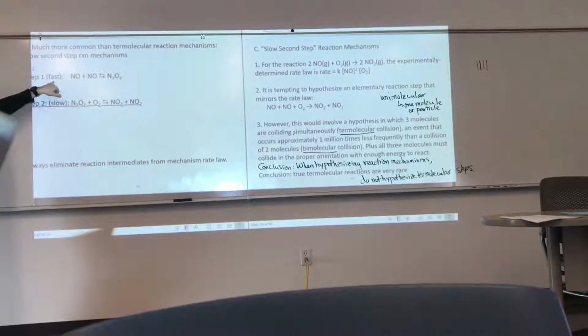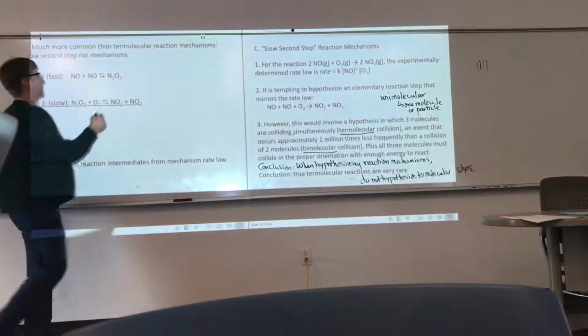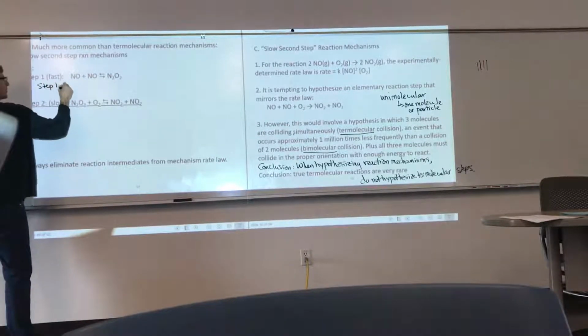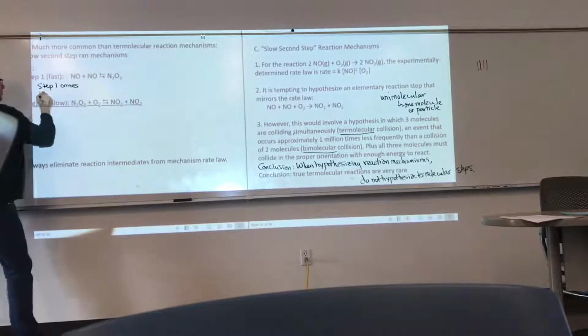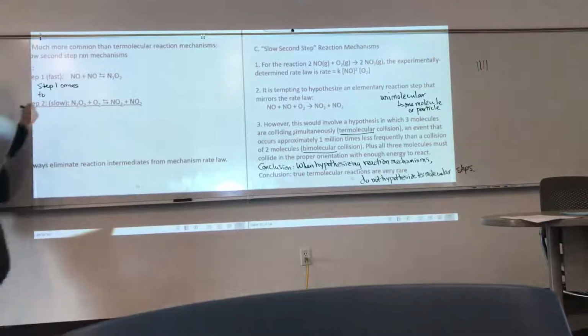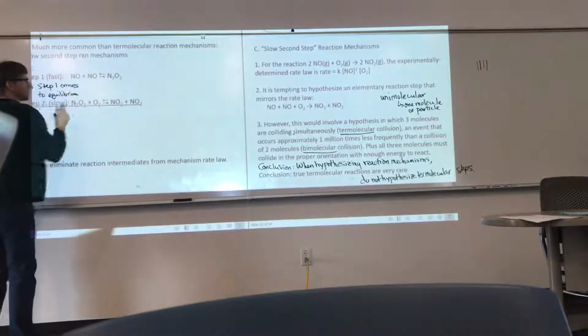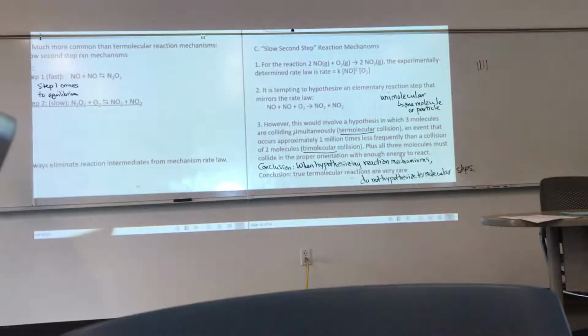Now let's talk about what this means. If a step is fast before a slow step, that means that this step will come to equilibrium. So for a fast first step, step one comes to equilibrium. We talked a little bit about what equilibrium means; after this chapter, the rest of the course is equilibrium, or equilibria.